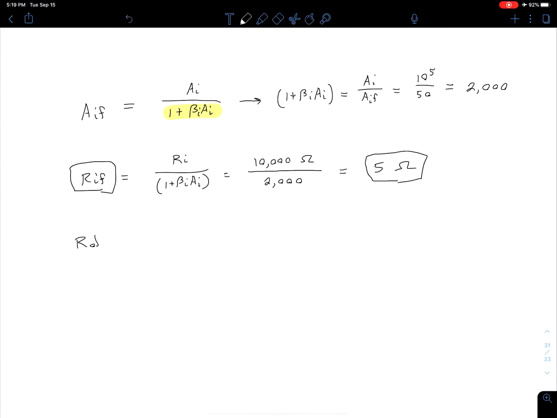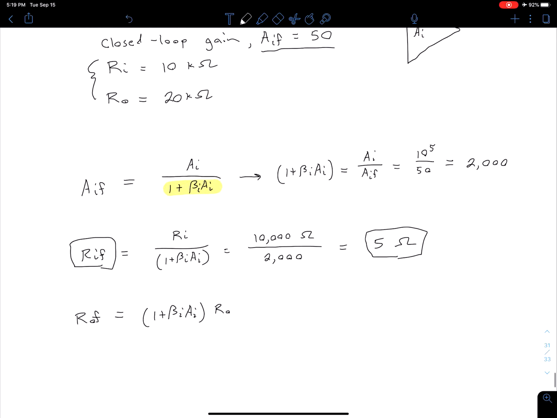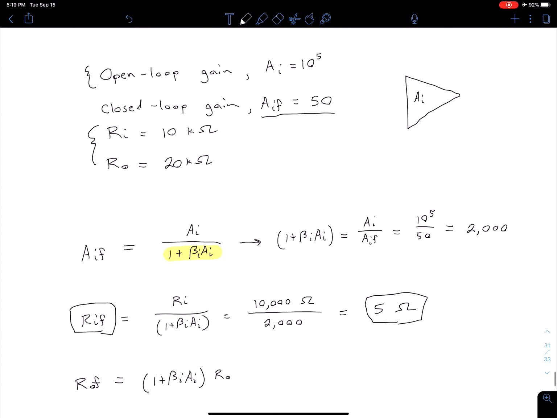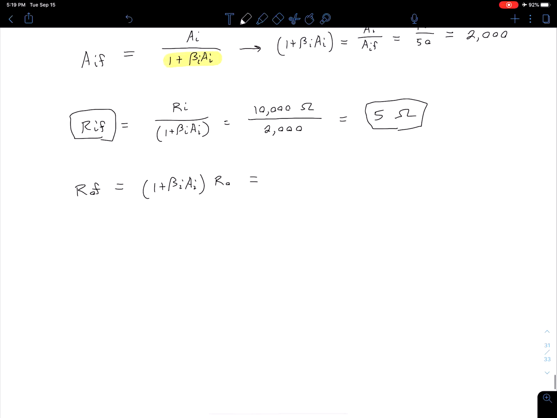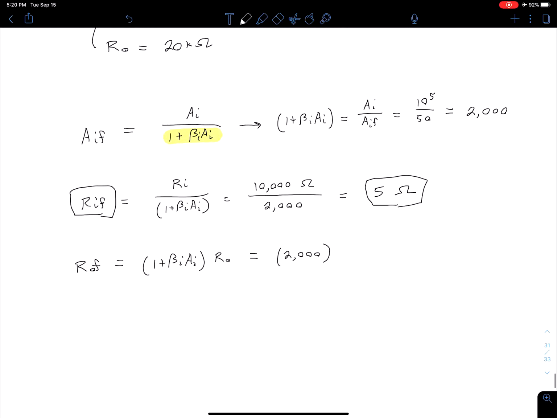Our output resistance for that feedback amplifier, R sub OF, is equal to 1 plus beta I times A sub I times the output resistance R naught of our basic amplifier with no feedback connected to this configuration. Plugging in values, this is going to be 2,000 times our output resistance, which was 20k ohms.